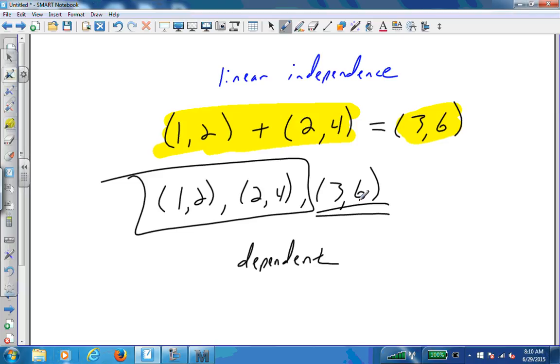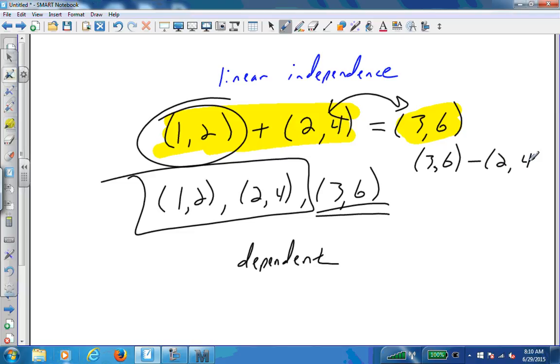So anytime we can write one of the vectors, it doesn't matter which one, we could have written this as a combination of those two vectors by doing this vector minus this vector. That would have given us that. If we can write one vector as a linear combination of the other two, then those are said to be dependent. One is tied to the other ones by some linear combination.